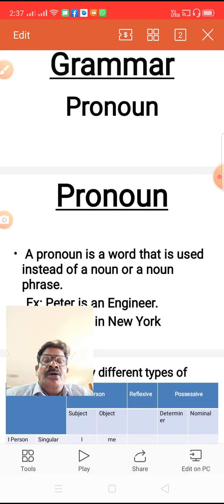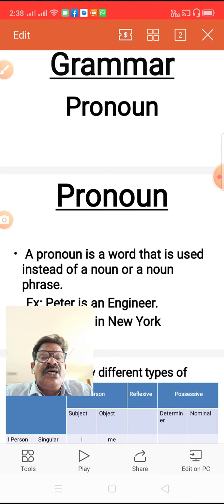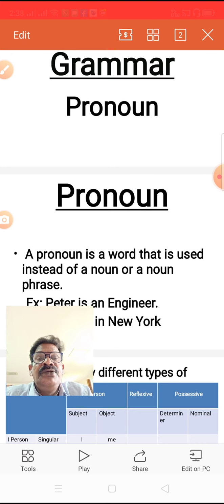Well, after completion of our first lesson, The Curve in the Sky, we had been to the grammar part, where we had a discussion on noun. As I have told you, in parts of speech there are 8 parts of speech: noun, pronoun, preposition, verb, adverb, adjective, interjection, conjunction.